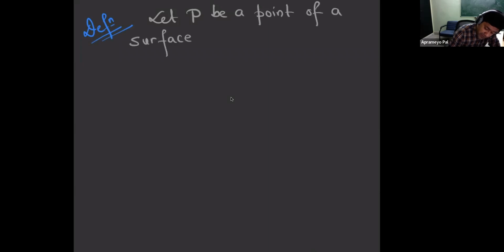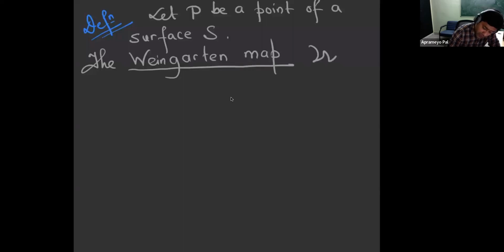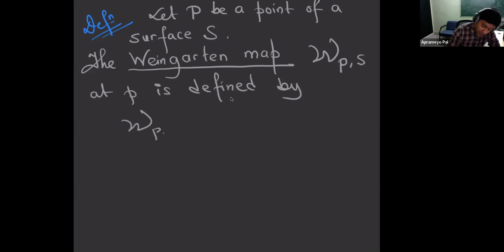So, definition. Let P be a point of a surface S, then the Weingarten map W at the point P of the surface S, so W_P S, is defined by the following: W_P S is minus d_P G. Why do we give the minus?